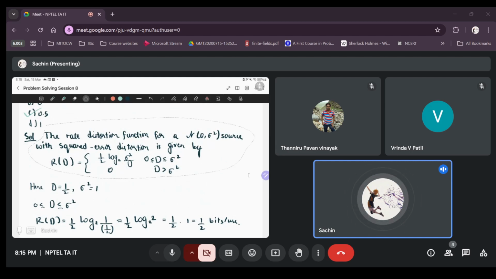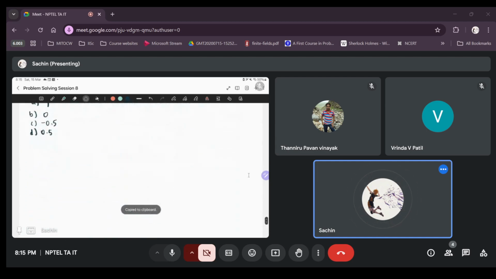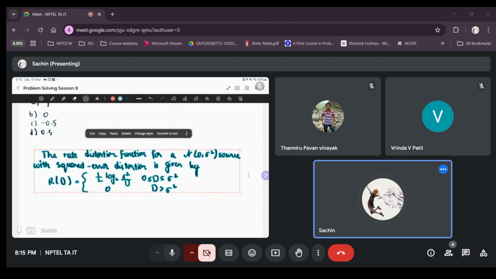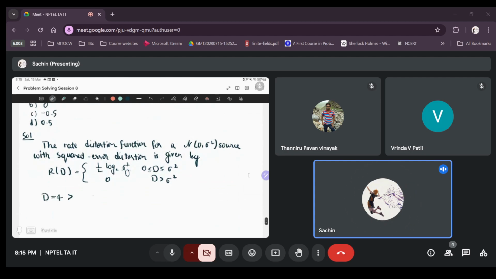The rate distortion function is the same. The difference here is that distortion value d is 4, which is greater than sigma square, which is 1. So R of d is 0.